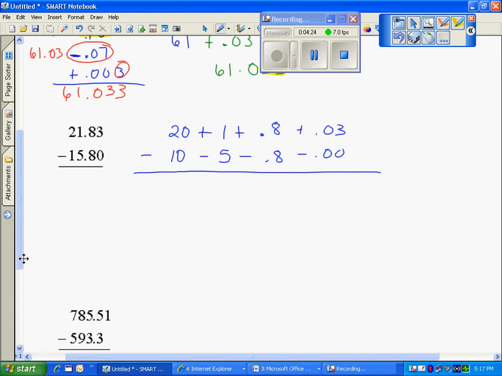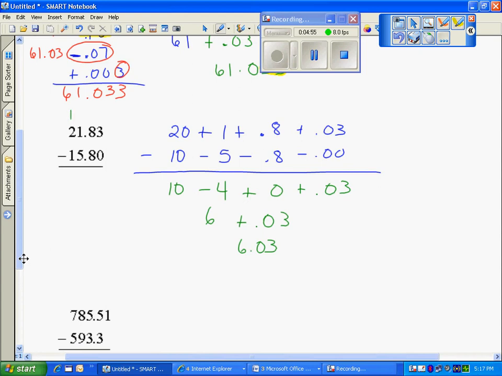So 20 minus 10 is 10. 1 minus 5, I'm in the hole 4. 8/10ths take away 8/10ths, I have no tenths left. 3/100ths, take off nothing, I still have my 3/100ths. Combining, 10 minus 4 is 6, plus the 3/100ths. I get 6 and 3/100ths.